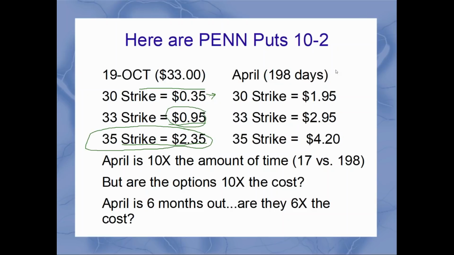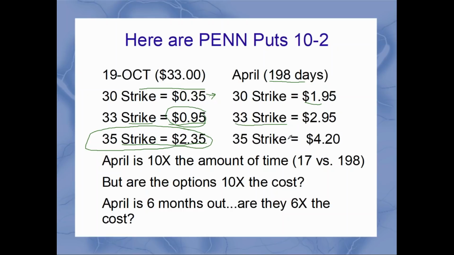But look at April. The 30 strike for April, which is 198 days out in time, is only $1.95. Okay, it is roughly 6 times the cost. But look at the 33 strike. At the money 95, the 33 strike on October 2nd for the April expiration is only $2.95.